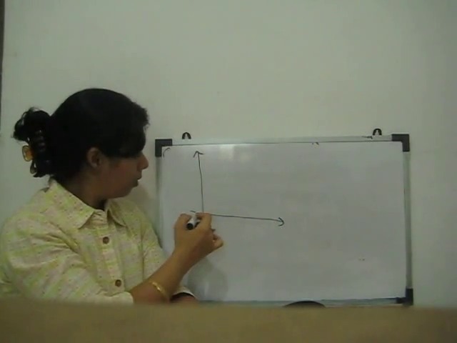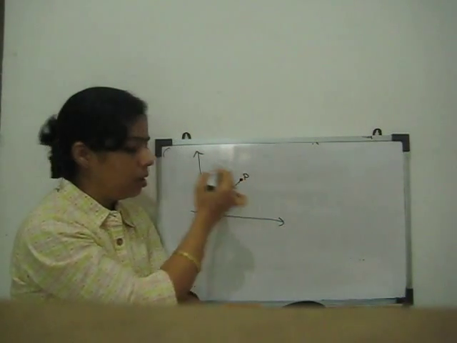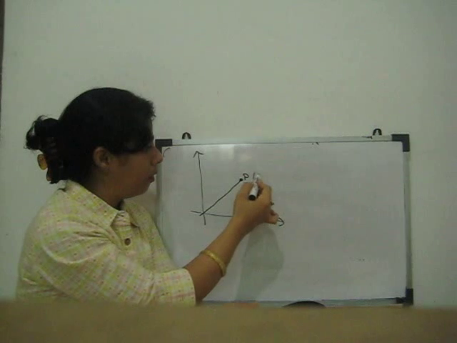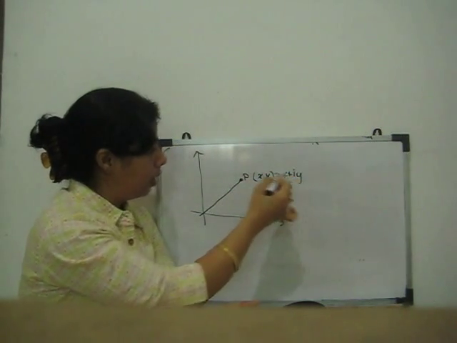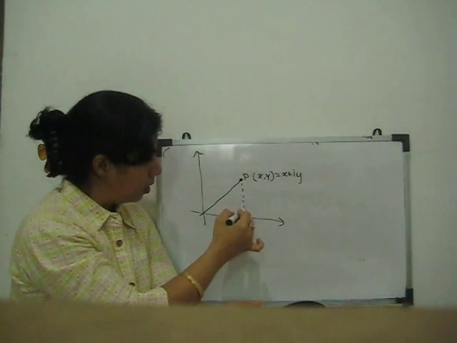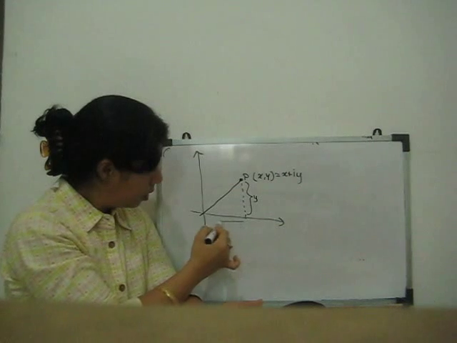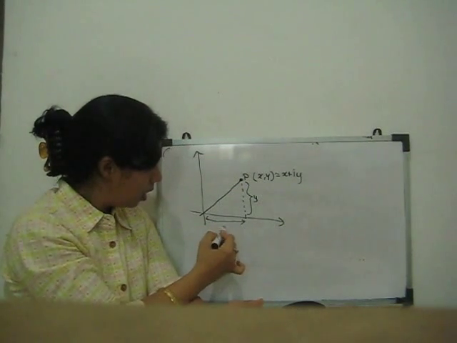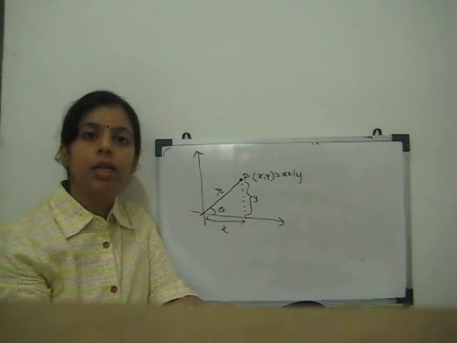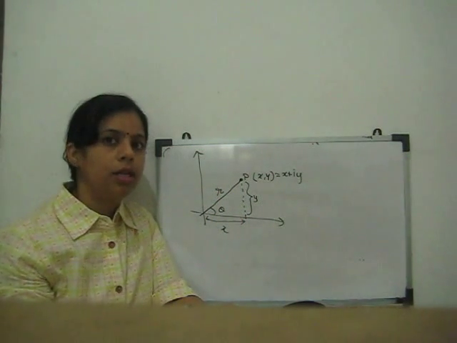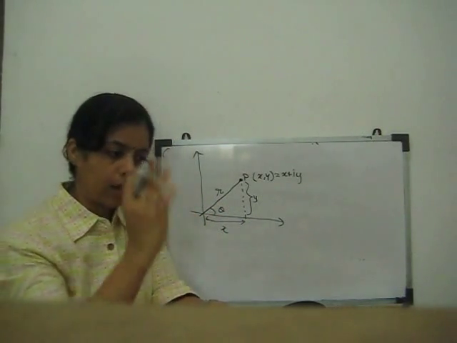We can understand it here. We have one point P, which is x plus iy. This distance is y, this is x, this angle is our theta, and in trigonometrical form this is the radius vector r, or this distance is r.